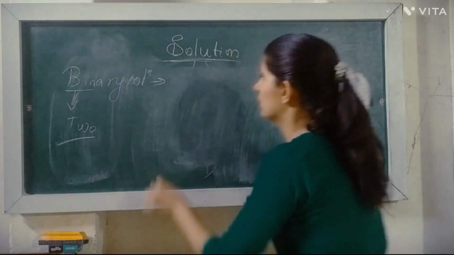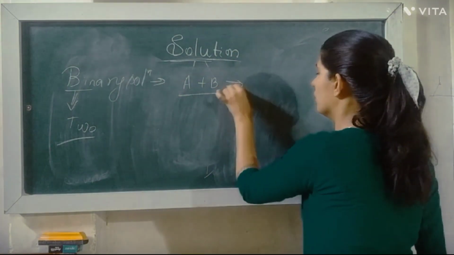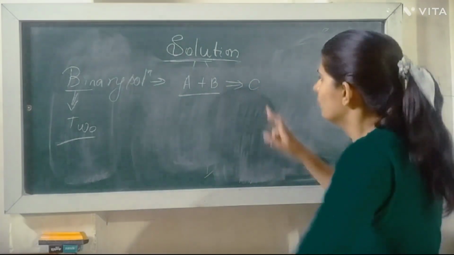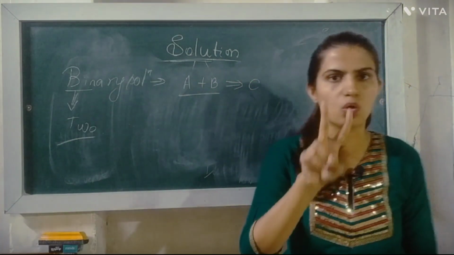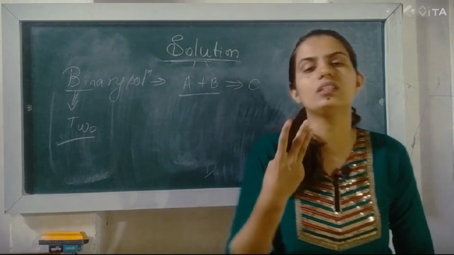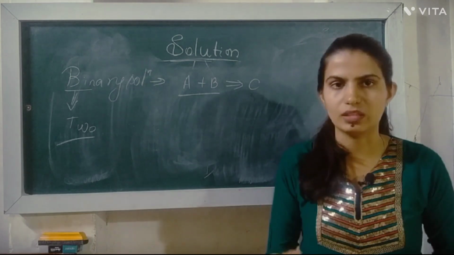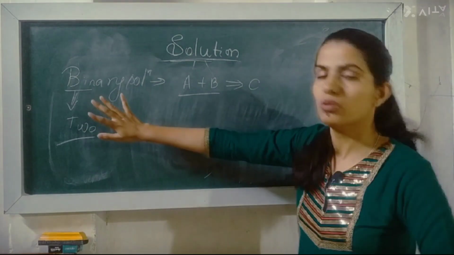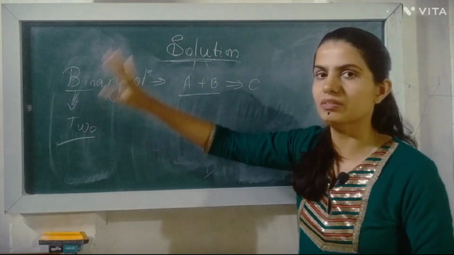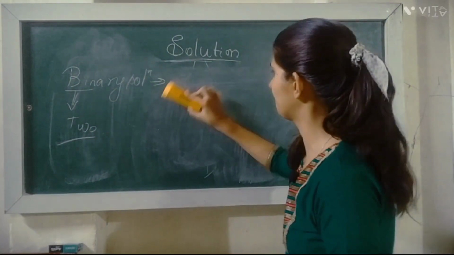A component, B component, we get a solution known as C. So this solution is having only 2 components, so the solution is known as binary solution. If it has 3 components, we can call it as trinary, then quaternary, etc. We must know this much because in the NCERT they have given such.